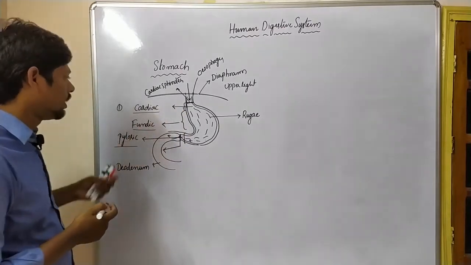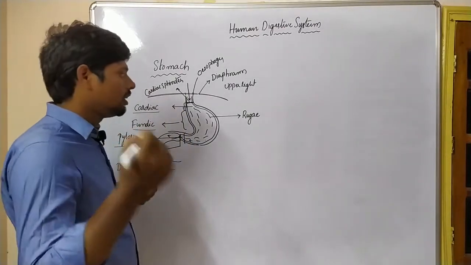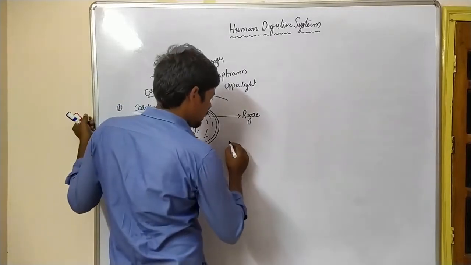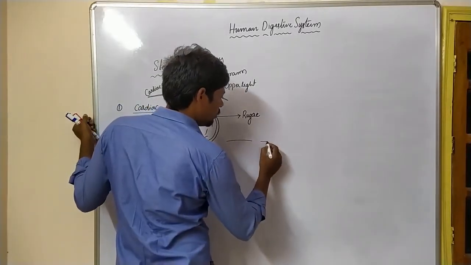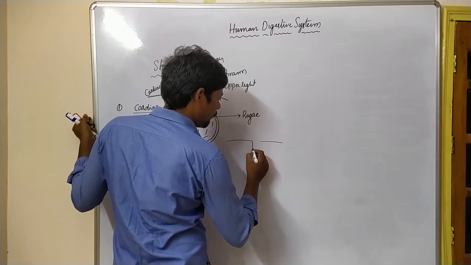Let us see, if you section the cardiac and fundic, whatever the region of the stomach, how it looks. See, actually it has layers.